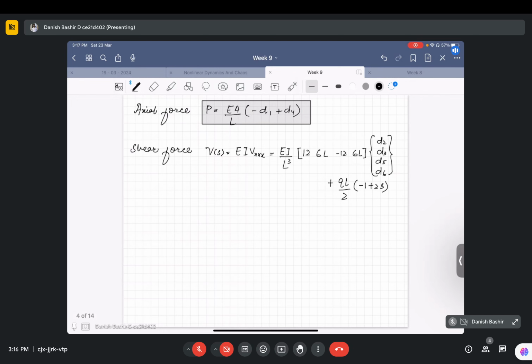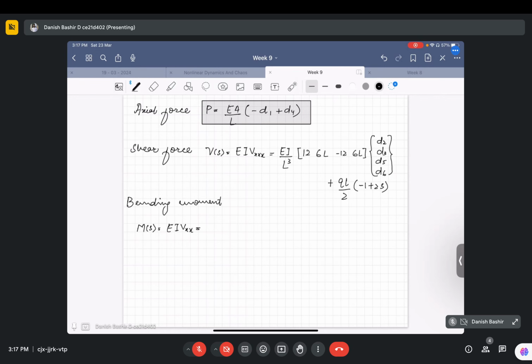Bending moment, we can write, M of s is equal to EI v double x.